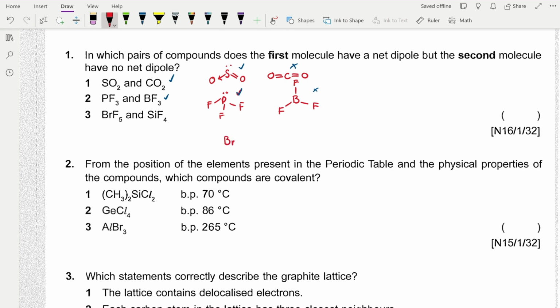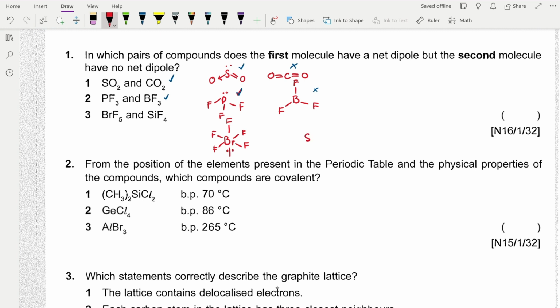Number 3, bromine pentafluoride. Bromine has 7 valence electrons. So when it forms 5 covalent bonds with fluorine, it will in total have 6 domains, 5 of which are bonding with fluorine and 1 is a lone pair of electrons.